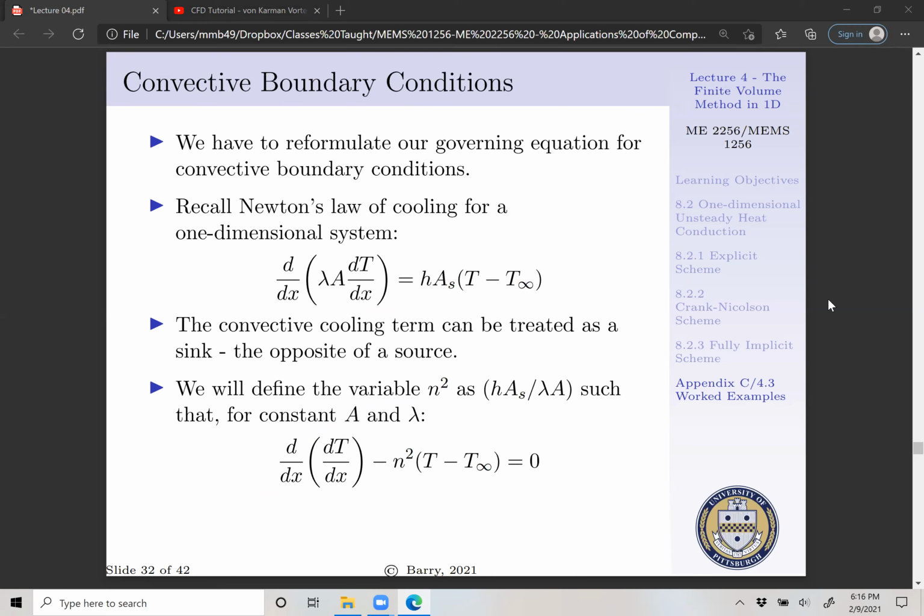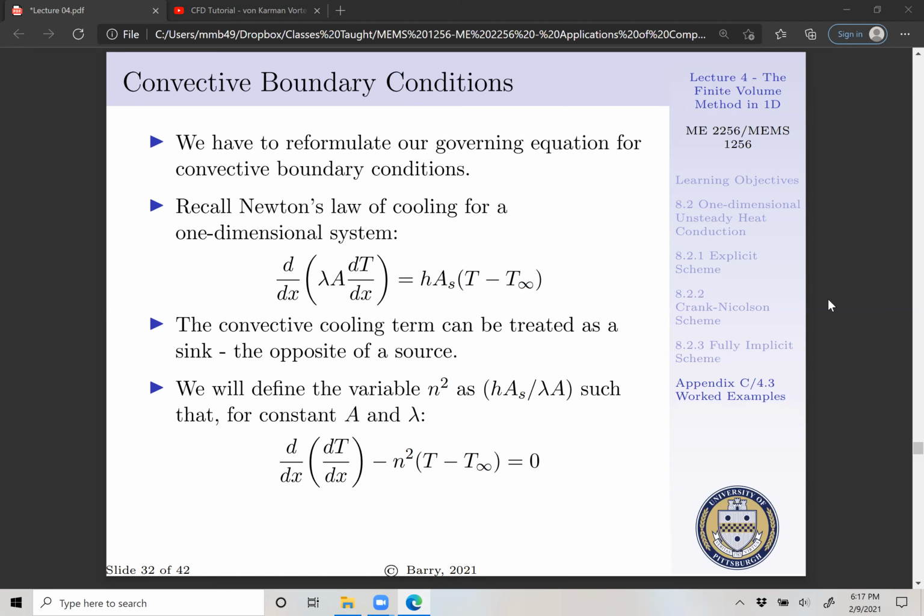Okay. Now, we looked at source terms with the Dirichlet boundary conditions. Now, what's cool is we can use source terms to help with our Neumann boundary conditions. And this is pretty cool. So let us consider the following situation. Say we have a convective boundary condition on our system, and we talked about that previously.